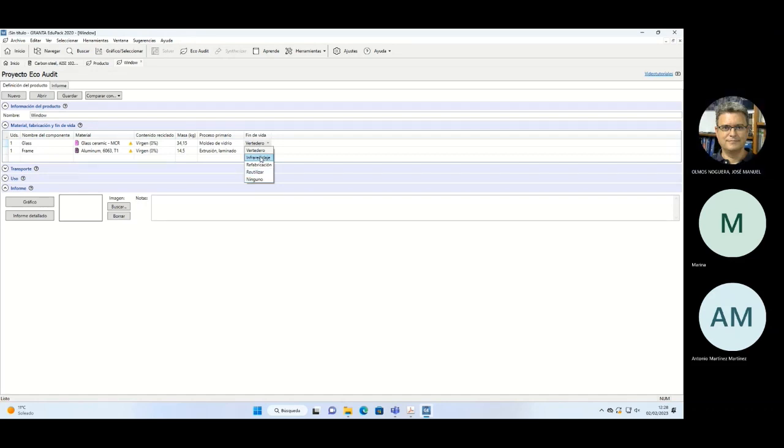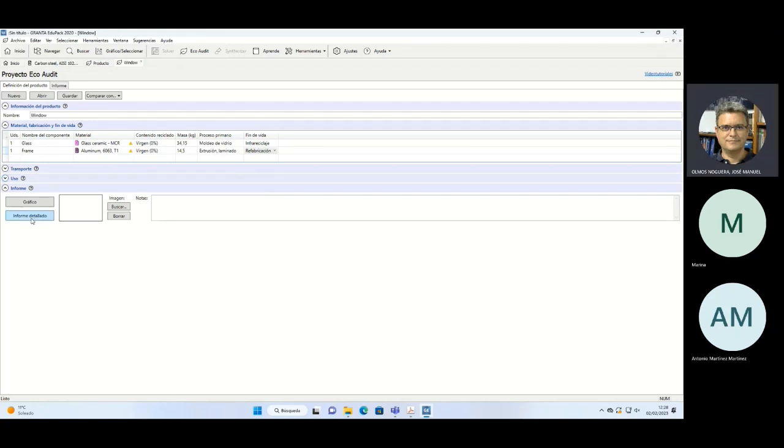Downcycle? Okay. And what about the frame? Downcycle, recycle, remanufacturing, reuse, or nothing? You want to remanufacture? Yes. Okay. I would recycle, but okay, remanufacture is fine.